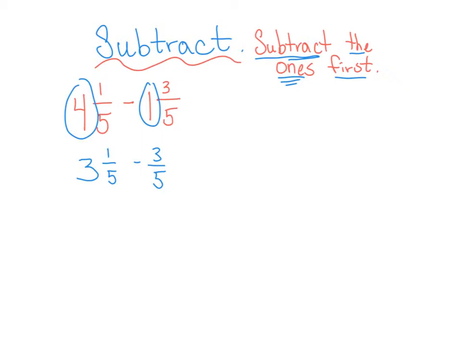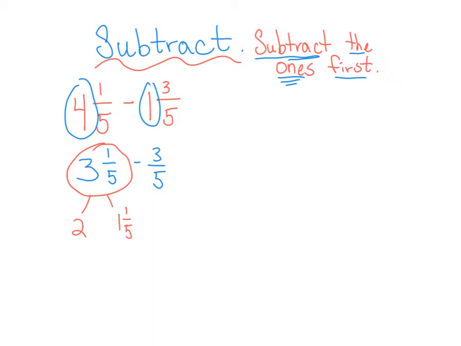So now what we can do is take 3 1/5 and break that down. We could take 2 wholes, and we're now left with 1 1/5. All right, but we can't leave 1 1/5 because we want to be able to subtract 3/5.